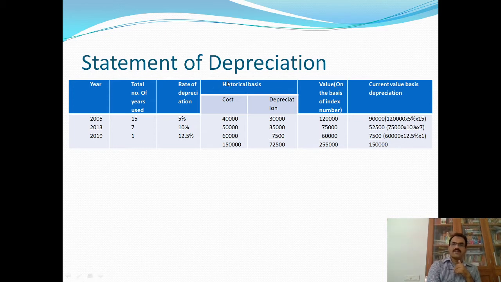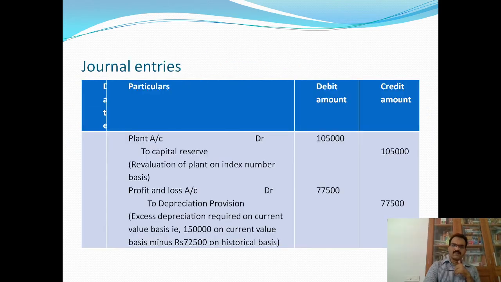On the historical basis the cost of the asset is 1,50,000 and the value on the basis of index number is 2,55,000. So the difference between these two figures, 2,55,000 minus 1,50,000, is equal to 1,05,000. That is the revalued amount of the asset. Next, what are the journal entries?